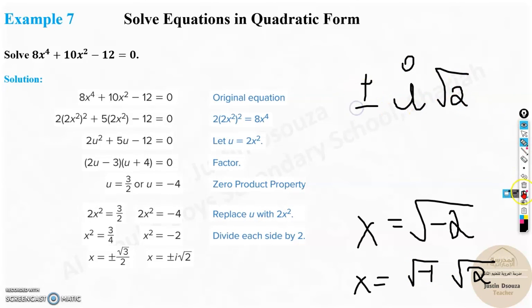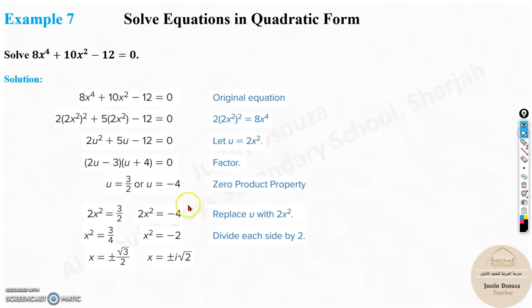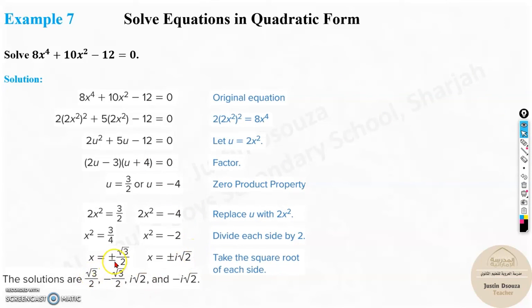But remember to write plus or minus, because it can be either plus or minus. So this is how we can solve it. So over here we have plus root 3 by 2, minus root 3 by 2, root 2 i, minus i root 2.